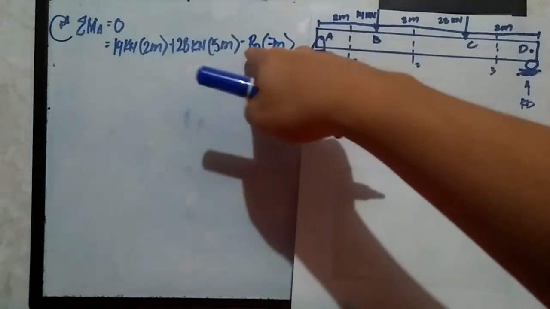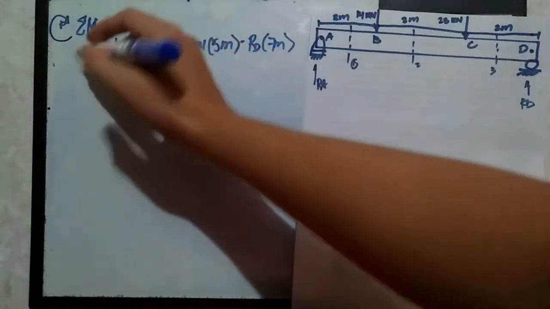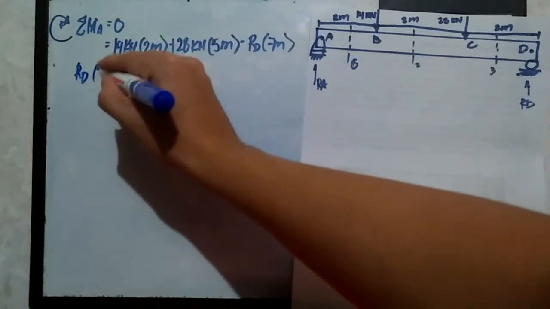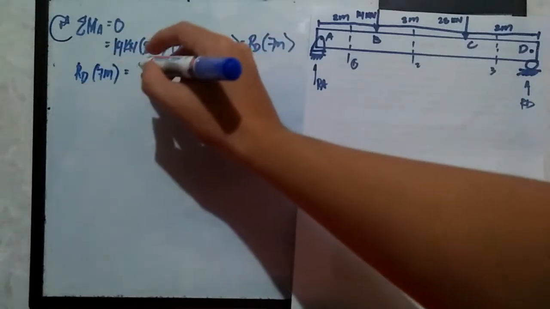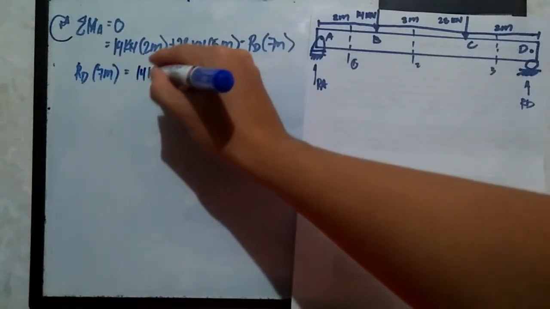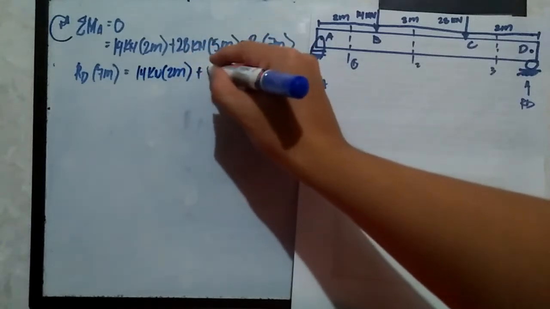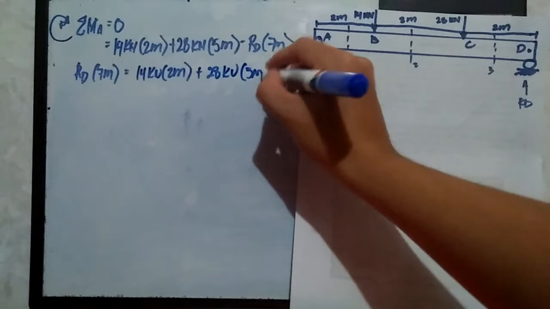So R sub D multiplied by 7 meters. After that, we need to isolate R sub D so that we can solve for its value. R sub D multiplied by the moment arm, 7 meters, is equal to 14 kilonewtons multiplied by 2 meters plus 28 kilonewtons multiplied by 5 meters.